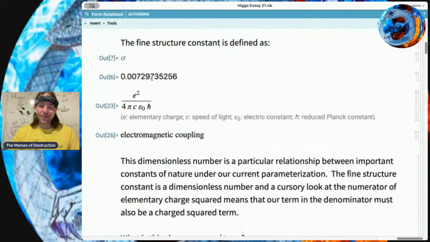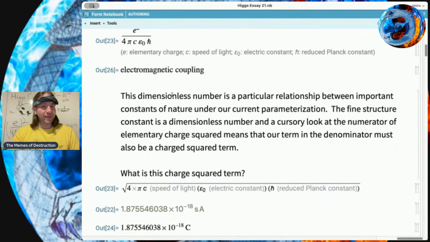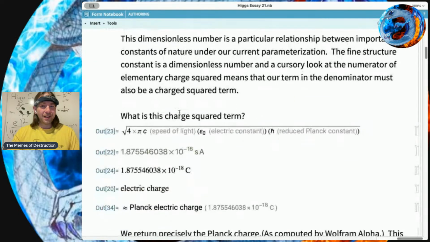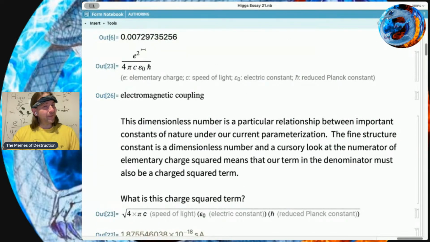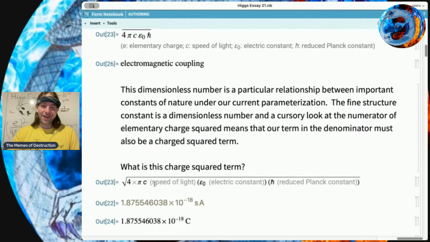Basically, long story short, alpha, the fine structure constant, that 1 over 137-ish thing, gives you a dimensionless number. That's basic logic. Charge squared on the top, it outputs a dimensionless number. That means all this jazz here, 4 pi c epsilon naught h bar, must also be charge squared. What is this charge squared term?